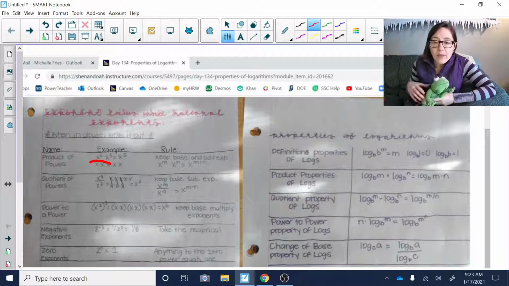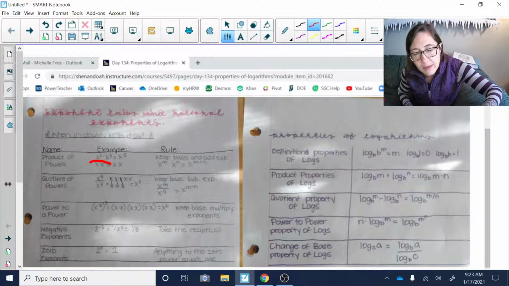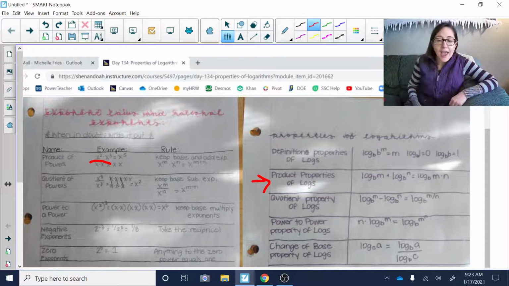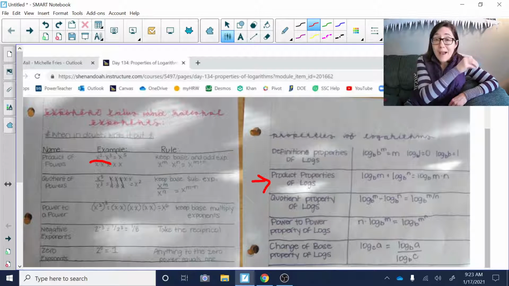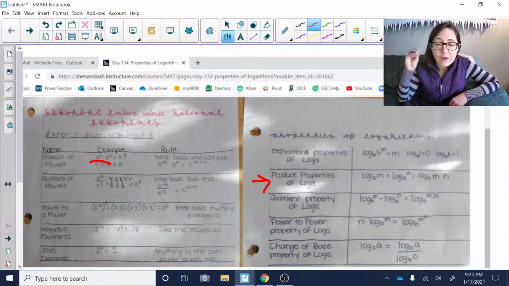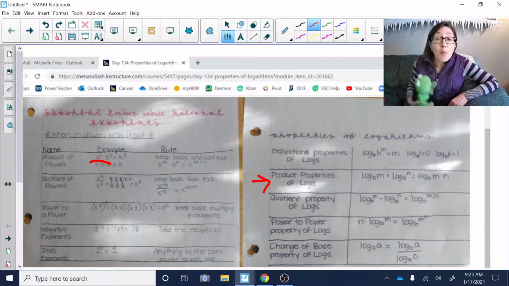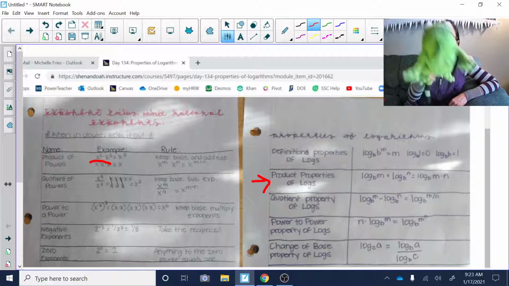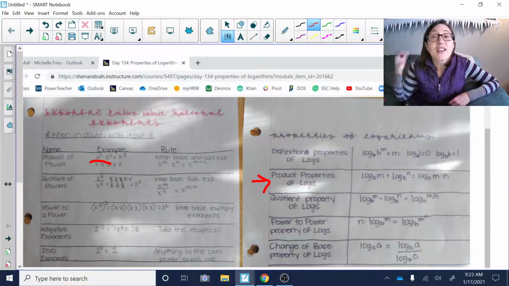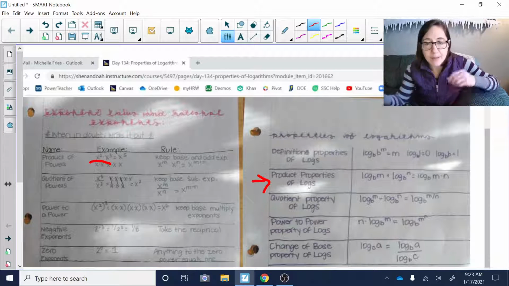So over on the left is where we're going to look at the product property for logs. So we're connecting the product property for powers with the product property for logs. So what does a logarithm tell us? An exponent. Yes, logarithms tell us exponents.